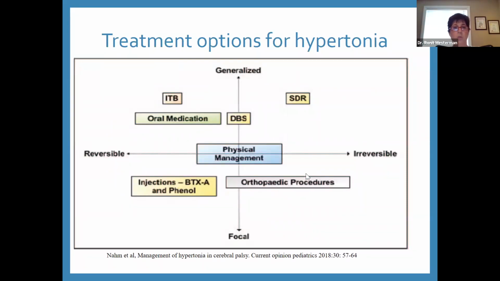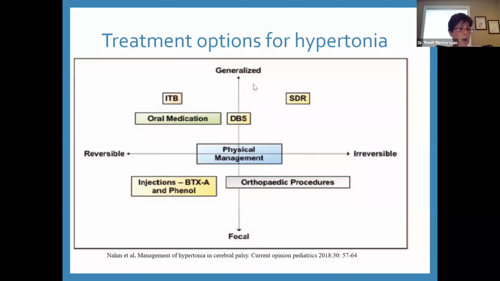There are many different treatment options for hypertonia that I will try to address today. We can separate the treatments into different groups. There are the treatments that are reversible versus irreversible, and the treatments that target the focal muscle versus generalized hypertonia treatment.